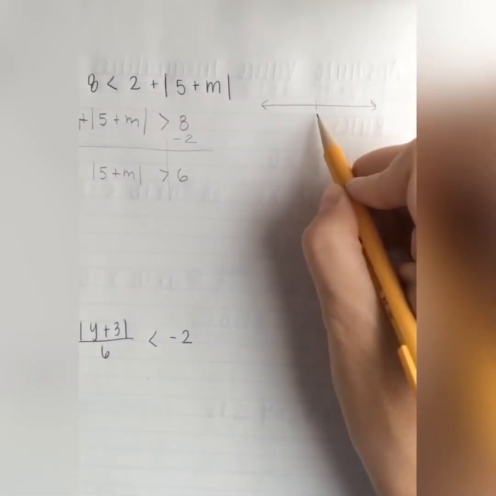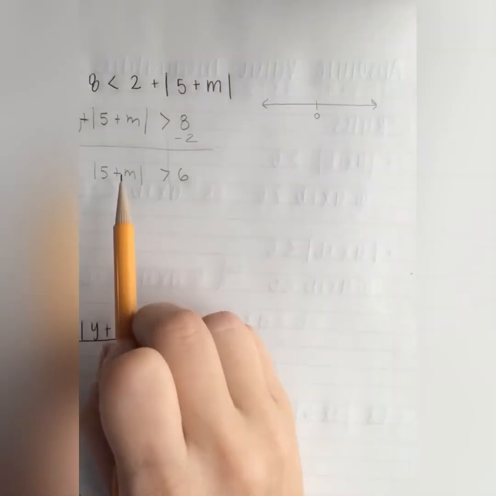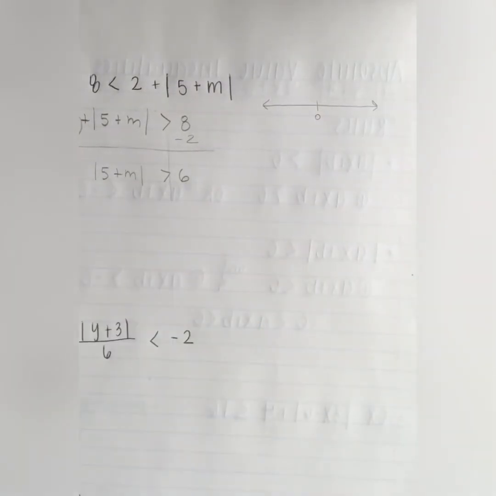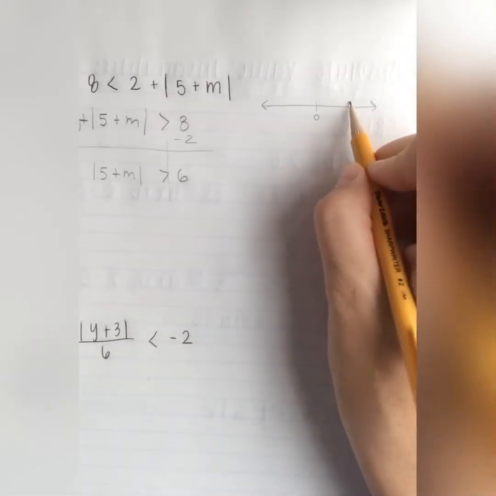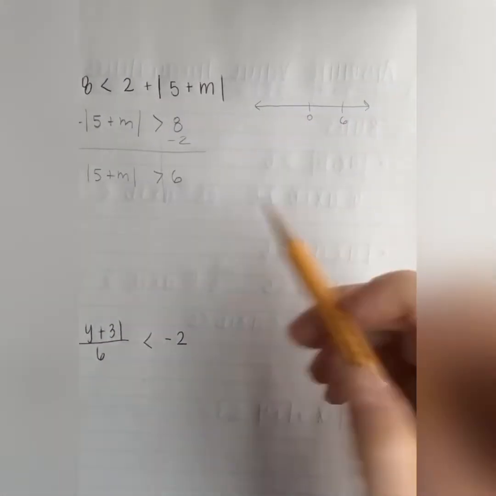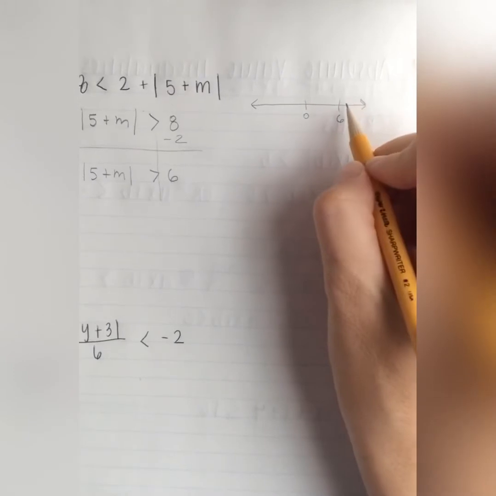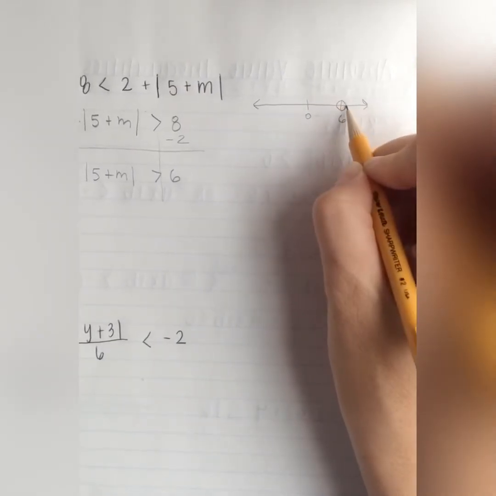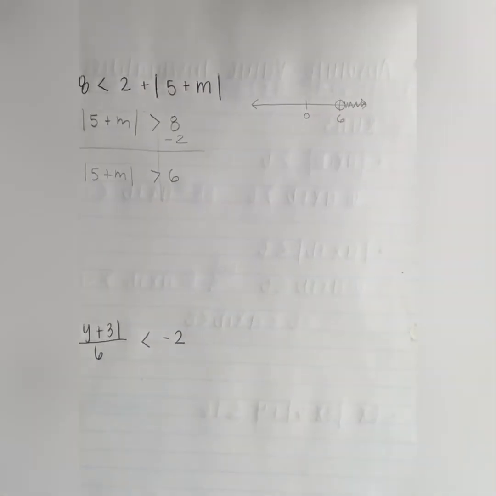Okay, here's 0. We want whatever 5 plus m is to be greater than 6 units away from 0, okay? So here's 6.